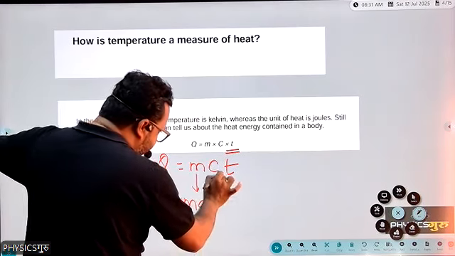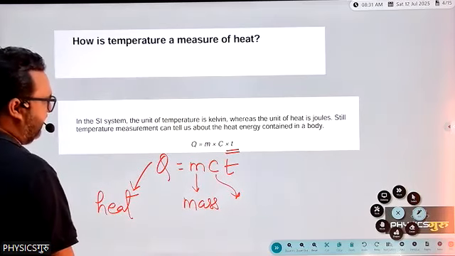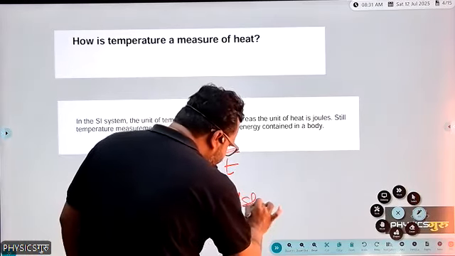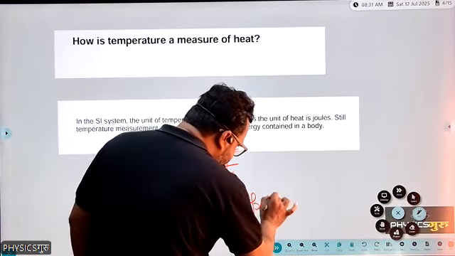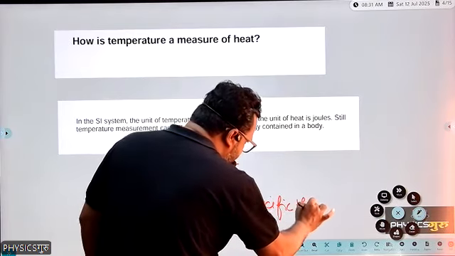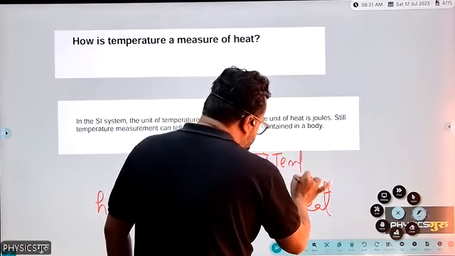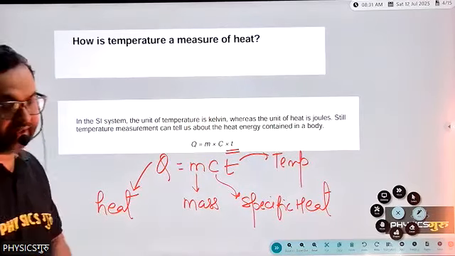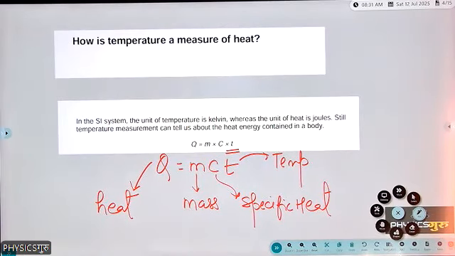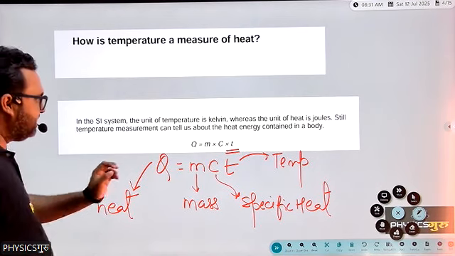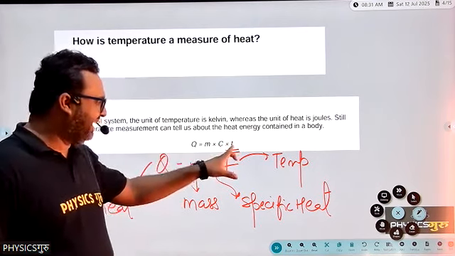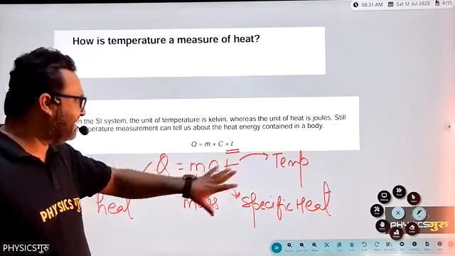C is called specific heat. And T is basically temperature. I repeat, M is mass, C is specific heat, and T is temperature.